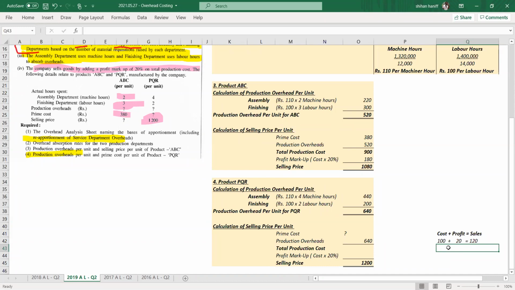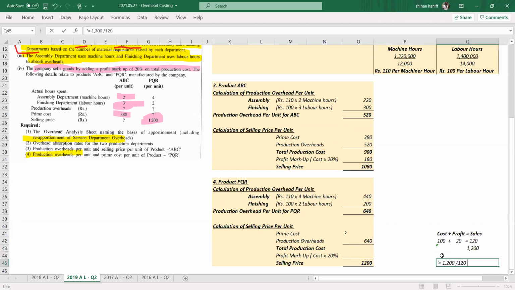Now in the second product PQR, we don't have the cost, we have the sales. Sales value is 1,200. If the sales value is 1,200, how much is profit? How do you calculate?